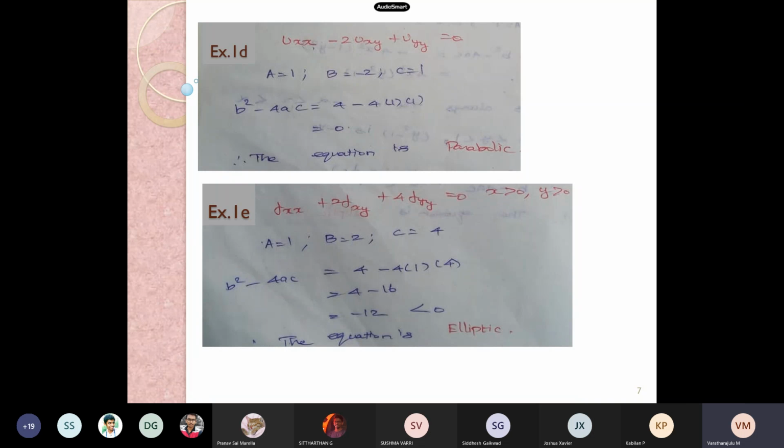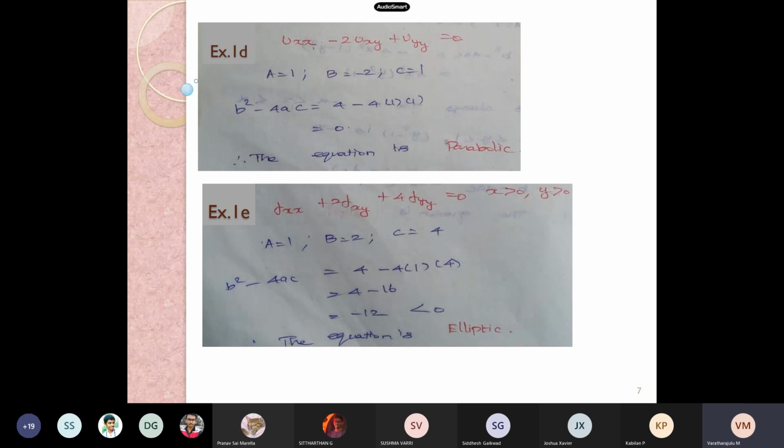Next, f_xx plus 2 f_xy plus 4 f_yy = 0, with x and y always greater than 0. So a is equal to 1, b is equal to 2, and c is equal to 4. So b squared is 4, minus 4 into 1 into 4, which is 4 minus 16, so minus 12.